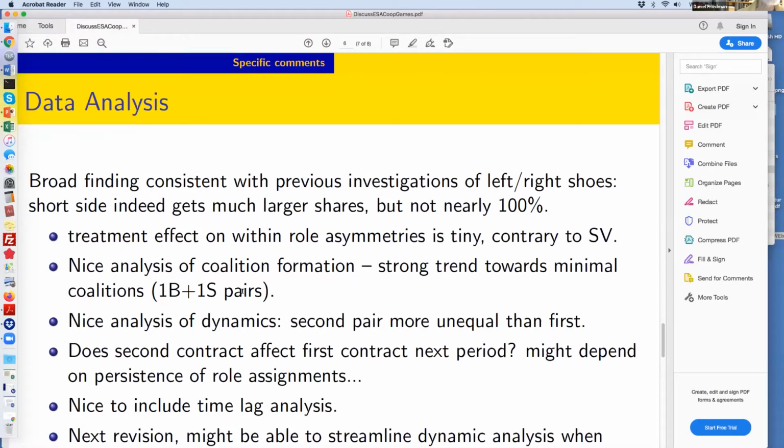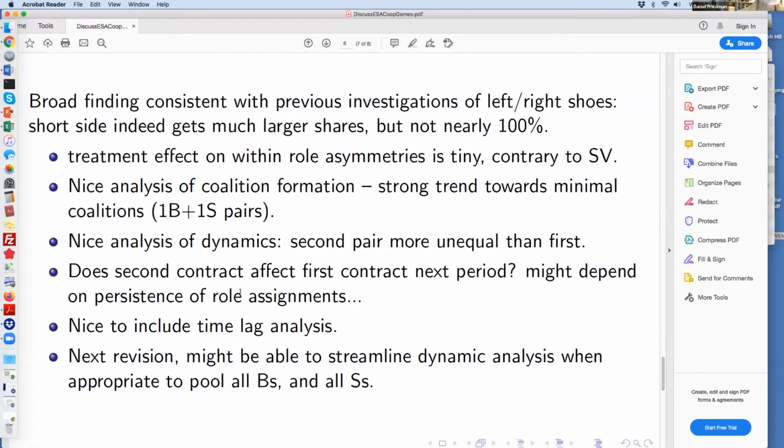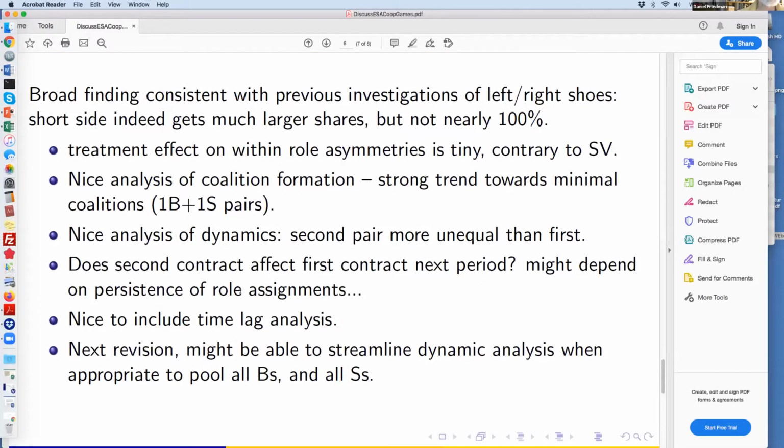All right, so quick remarks on data analysis. The findings are consistent with other people who've looked at this group, that the short side indeed gets a lot more, that is with a buyer, left shoe, right shoe, or gloves and so on. Everybody who's looked at that has found qualitatively similar results in that the short side gets a disproportionate share, but not nearly 100%.